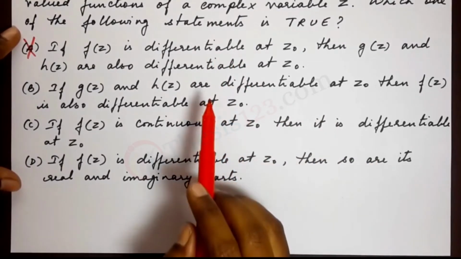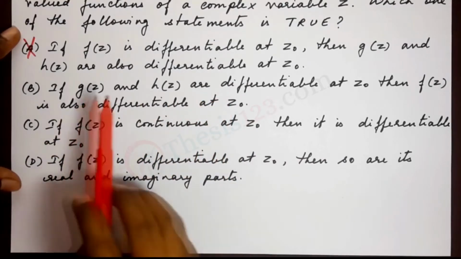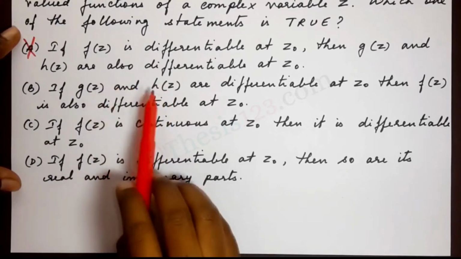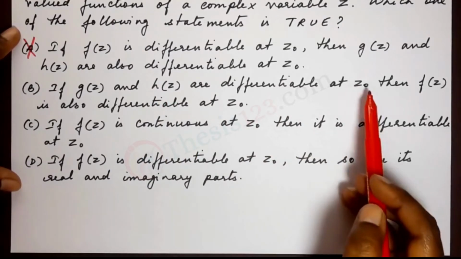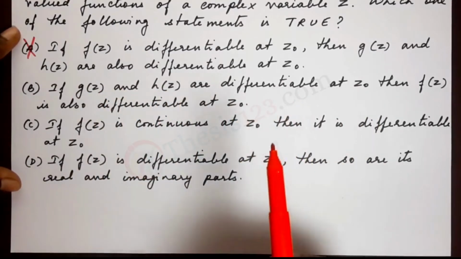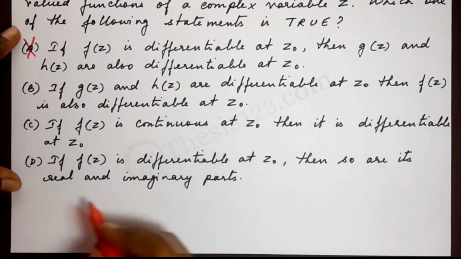Here B is actually true, because if g(z) and h(z), two individual complex functions, are differentiable at a certain point, then the sum of the two differentiable functions is always differentiable. That is important here. I'll note this down.